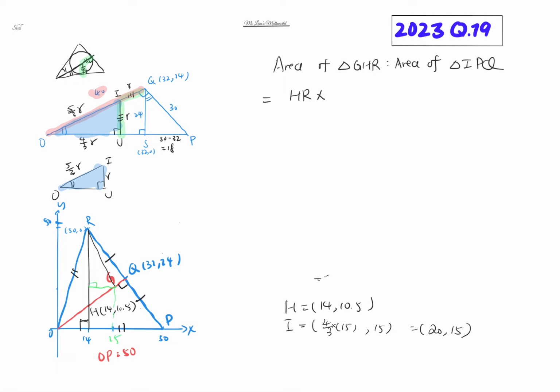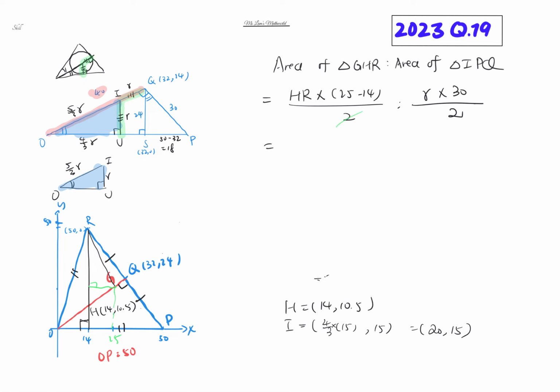That means (25 minus 14) divided by 2 times IPQ will be R times 30 divided by 2, because you get a right angle triangle. The base is PQ, 30. The height is R. Base times height divided by 2.